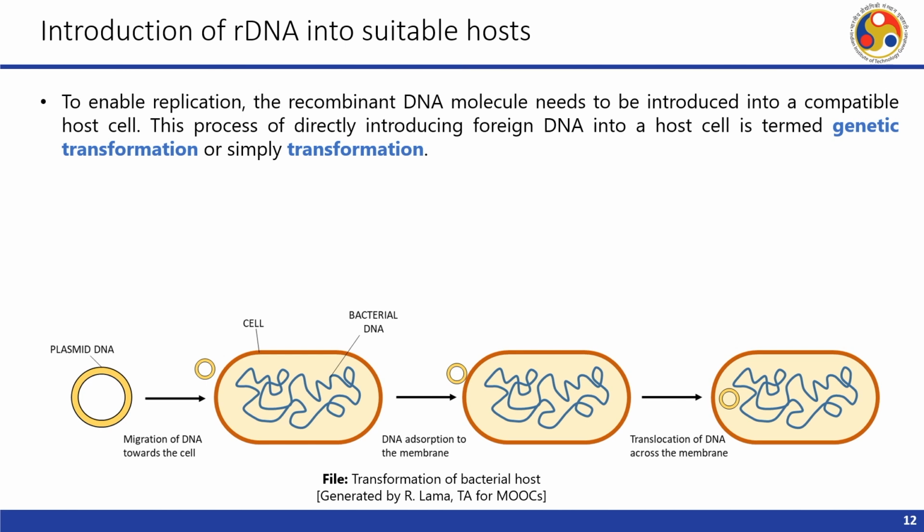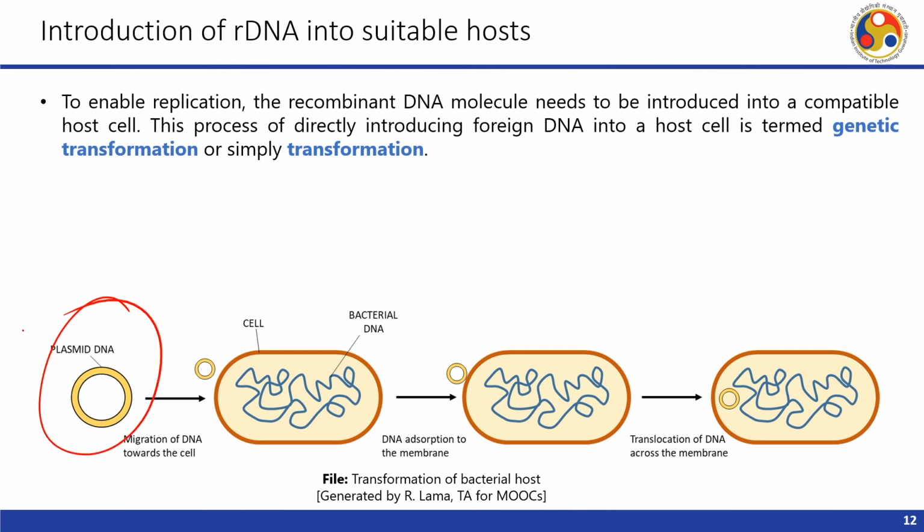Once the vector is loaded with the target DNA or insert DNA, we go for the introduction of the rDNA into a suitable host. To enable replication, the recombinant DNA molecules need to be introduced into a compatible host cell. This process of directly introducing foreign DNA into a host cell is termed genetic transformation, or simply transformation.